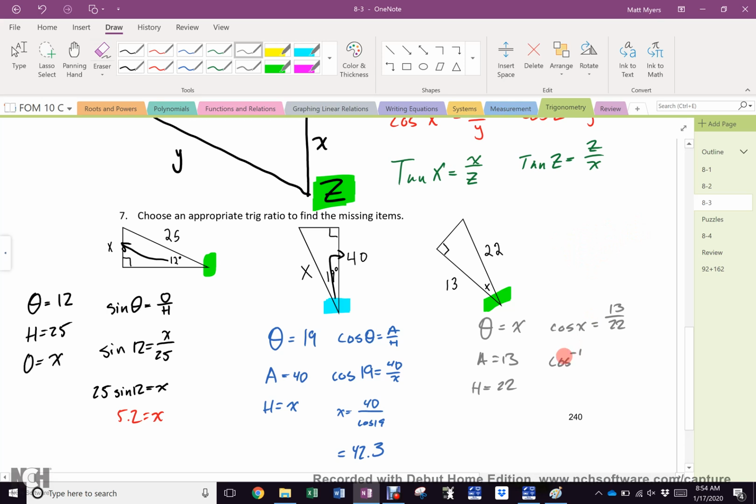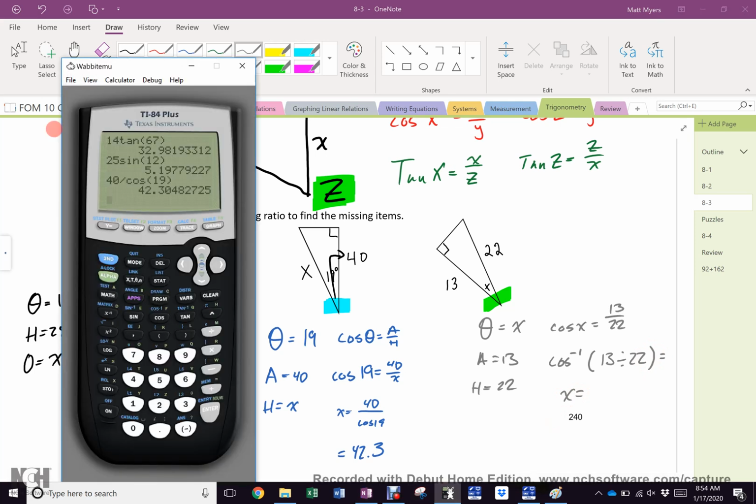And then you push shift cos, bracket, or maybe you don't need to put the bracket in, 13 divided by 22, close brackets, equals. And tell me what x is. If it's an angle, we round to the nearest degree.